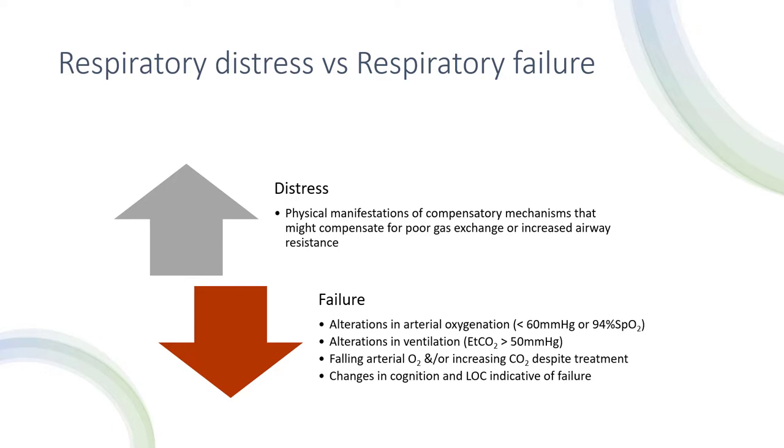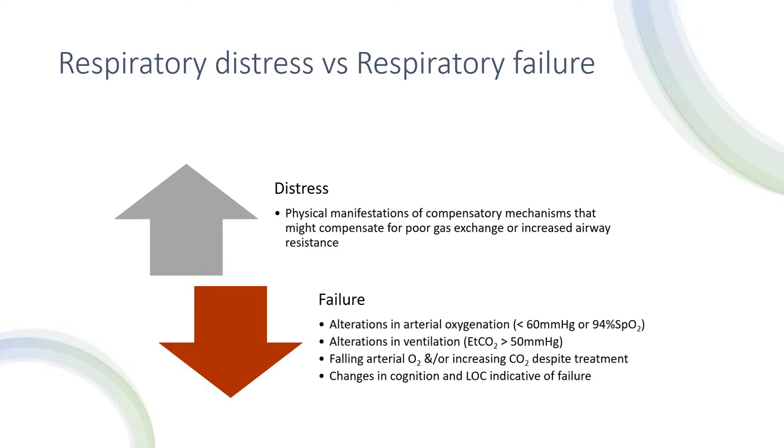So typically this will initiate an increase in respiratory rate and the work of breathing, and might appear very similar to what hyperventilation could look like. Now, the goal of these compensatory mechanisms is to increase the minute volume of air, the amount of air that passes in and out of the lung over a 60-second period.